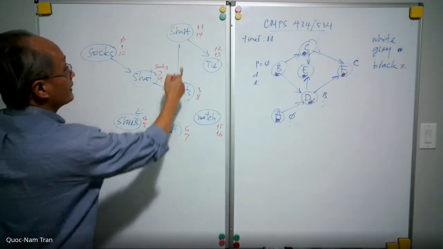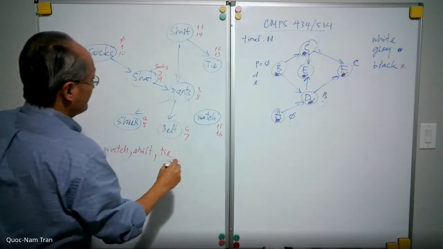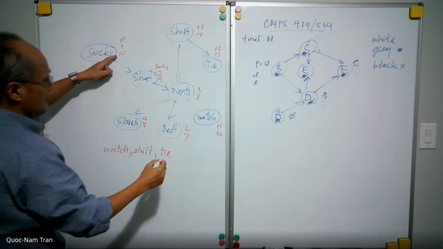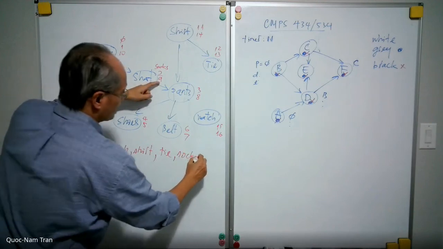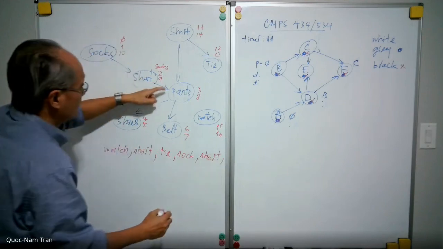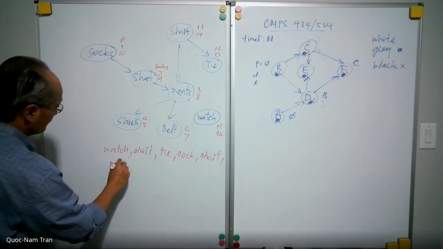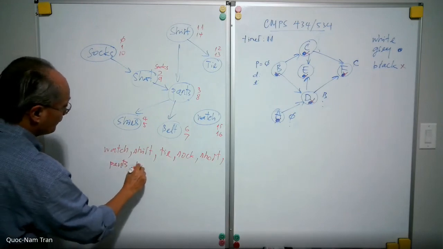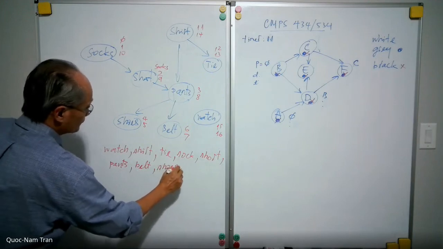And the next one will be tie. The next one I have is sock. And then short. And then pants, right? And belt. And finally, I have shoe.